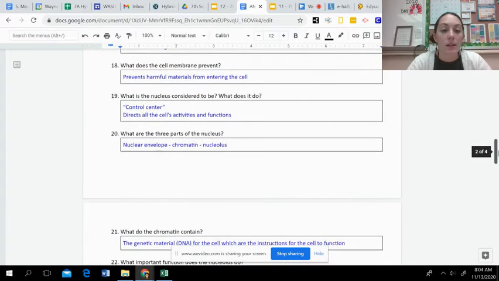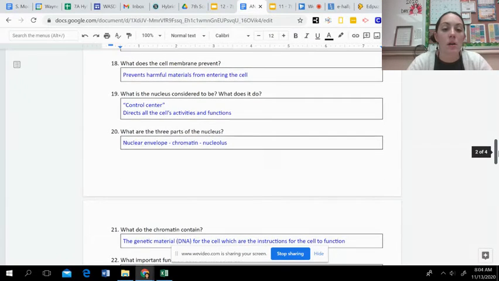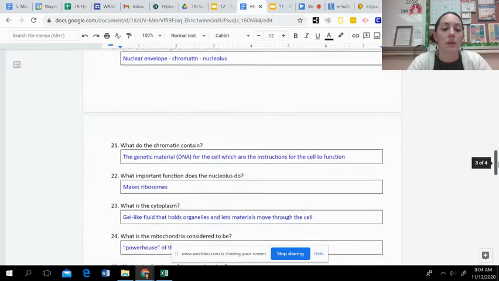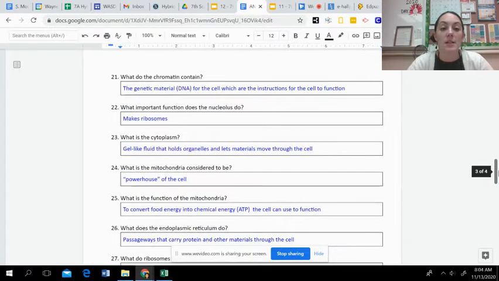What does the nucleus do? The three parts of the nucleus, the chromatin, which is inside the nucleus containing that genetic material or the DNA, so that the cell can then read those instructions and know what it's supposed to do.